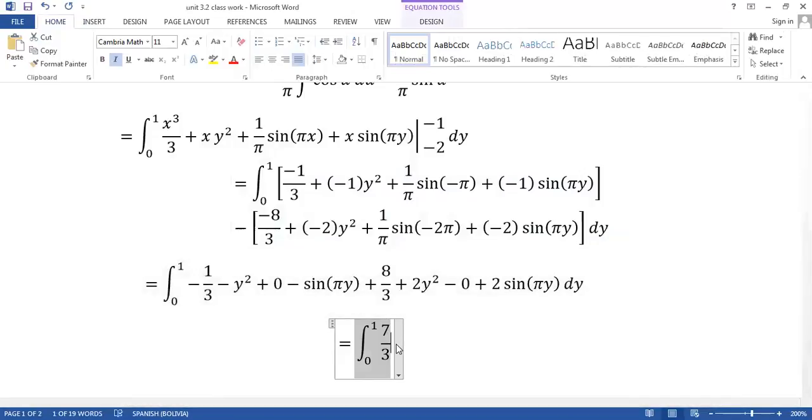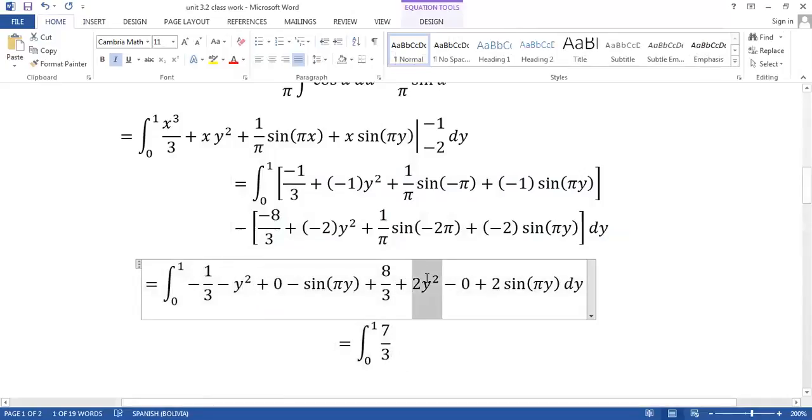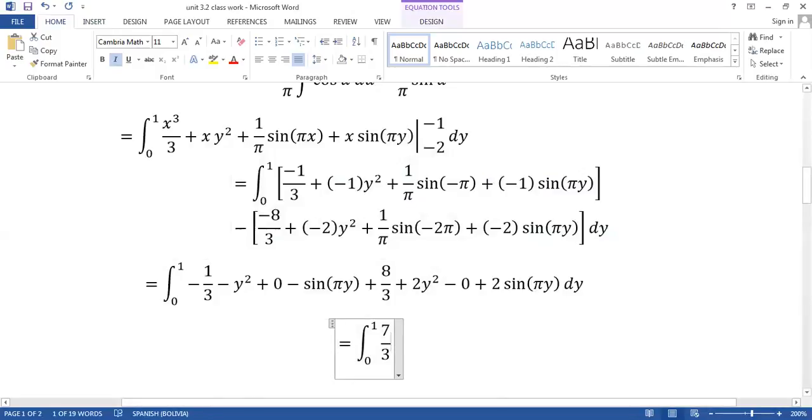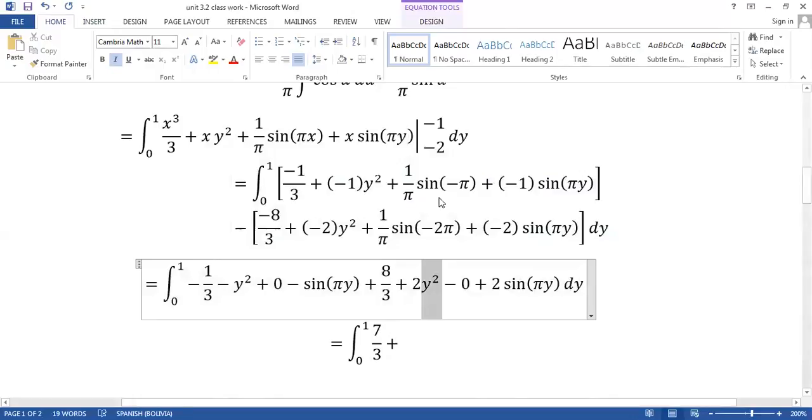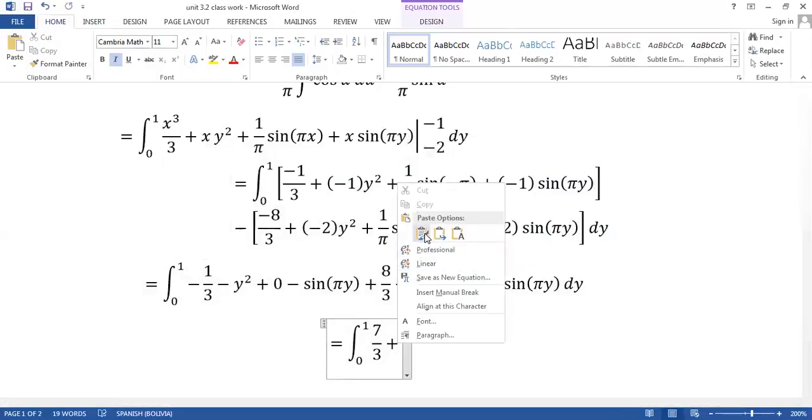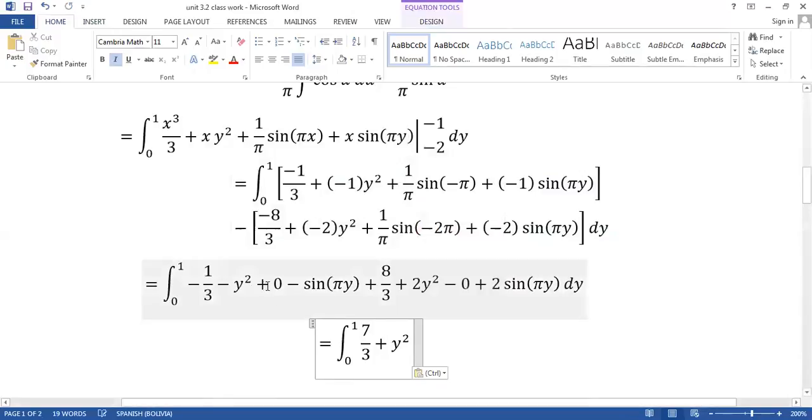All right, cool. So now, the y squared term. You have a minus and a plus, so it becomes just y squared. There you go. The next term: 0 and 0 cancel each other out.